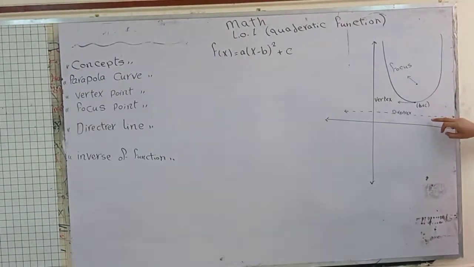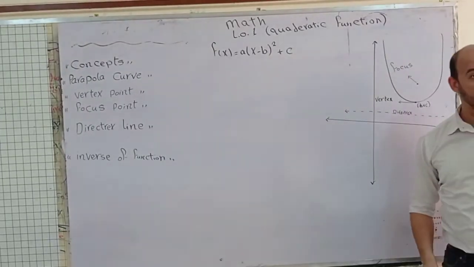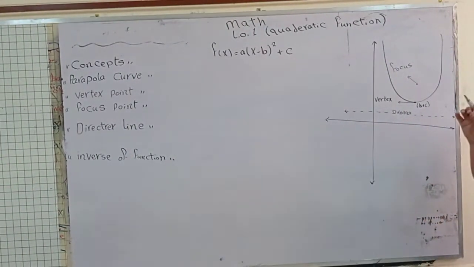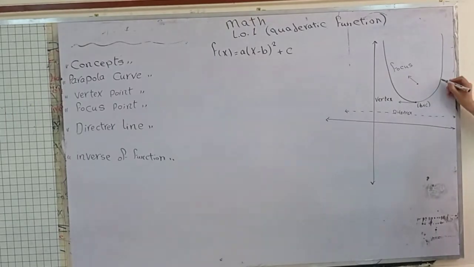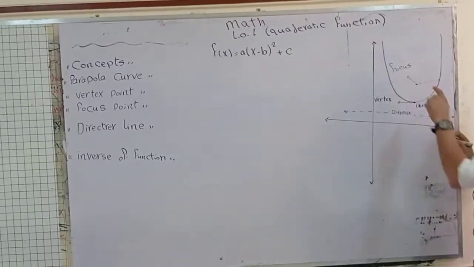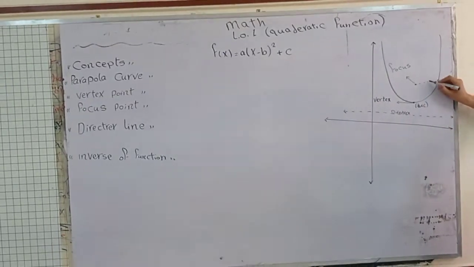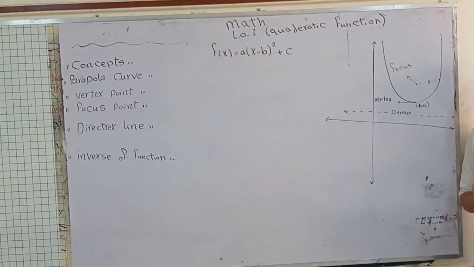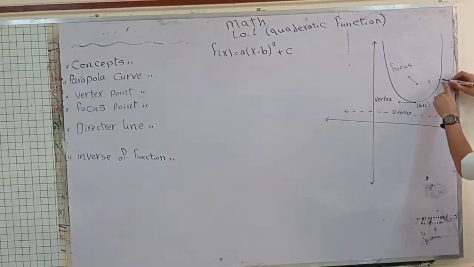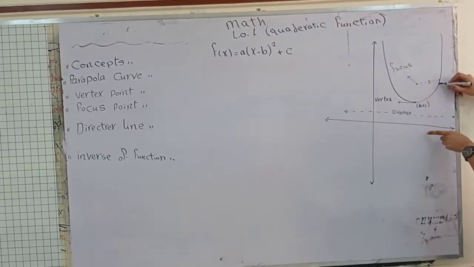This point and this line have an important property. If you take any point on the parabola curve, then the distance between this point and the focus point must be equal to the perpendicular distance between the same point and the directrix line.